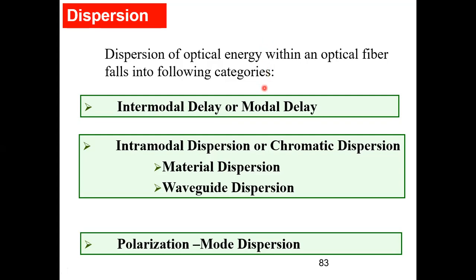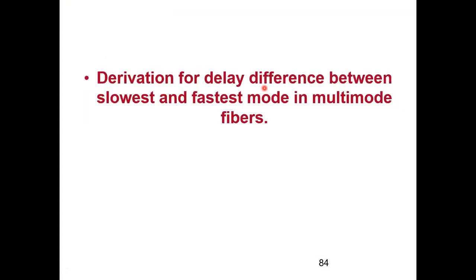One mode will reach early, one will reach late. So I'm trying to calculate the delay difference between the slowest and the fastest, not all the modes. So write down the question: you are deriving the delay difference between the slowest and the fastest mode in a multimode fiber.